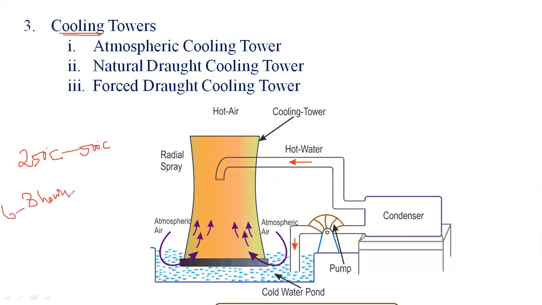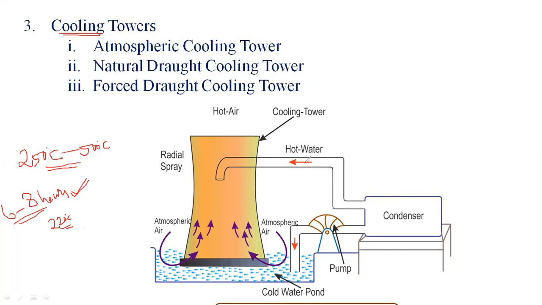That is, the room temperature is 27 degrees centigrade, and it should be brought to 220 degrees centigrade. The thermal power plant starts power generation in terms of megawatts. The minimum temperature required is 220 degrees centigrade, but in the power plant the temperature is maintained from 250 to 500 degrees centigrade. Initially, the time required to generate power is 6 to 8 hours, or a minimum of 12 hours, to reach this temperature.